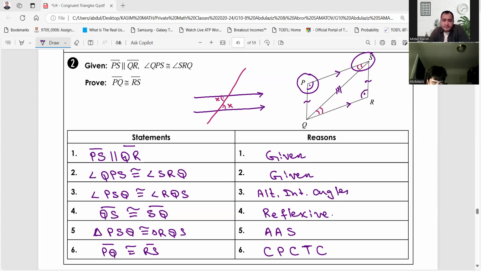Okay? And like question 4, for example. Can you read the question? Question 4. Given DB bisects angle ADC and AC is congruent to CD, prove that AC is congruent to BC.